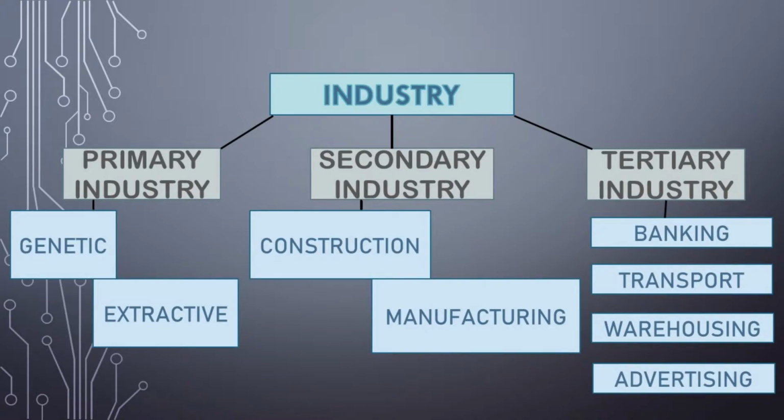Now, as you can see in this chart, industry is further classified into three broad categories. First is primary industry, second is secondary industry, and third is tertiary industry. Now let's discuss them one by one.